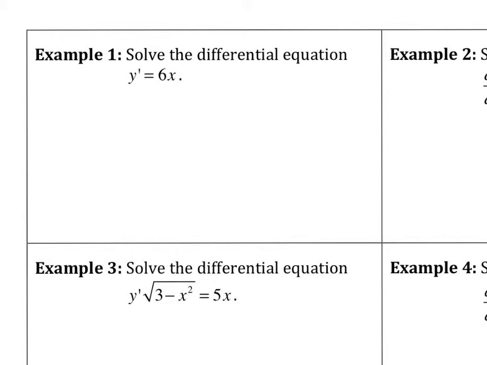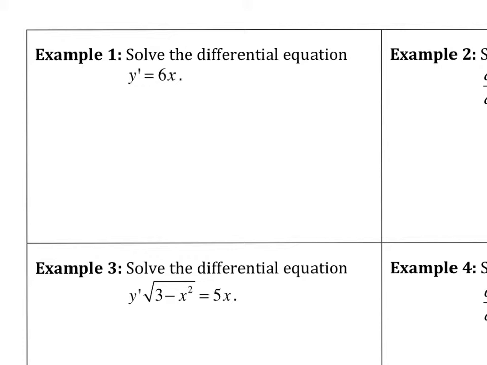I bet you could very easily come up with function y, right? If you are told that the derivative of y is 6x, what would you possibly do to figure out what function y is? Hopefully you're thinking integrate, and that would be exactly it.